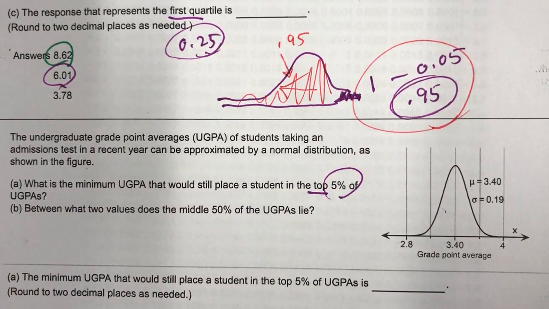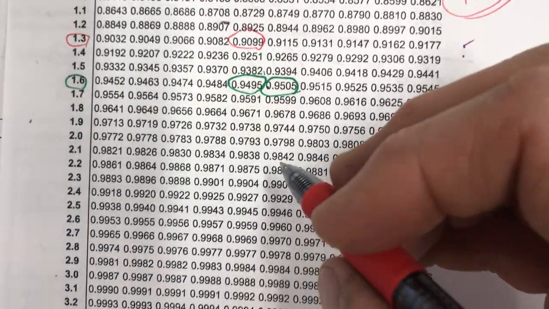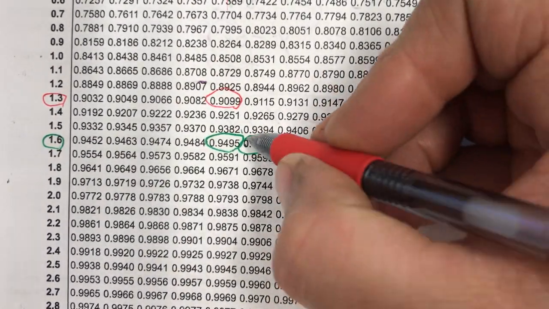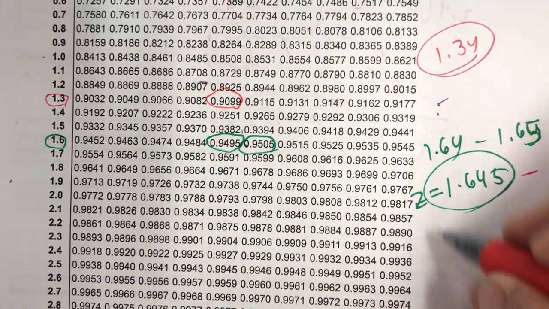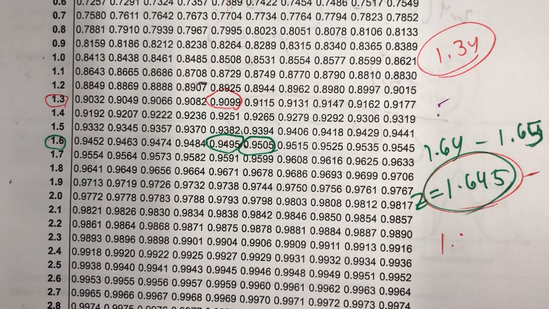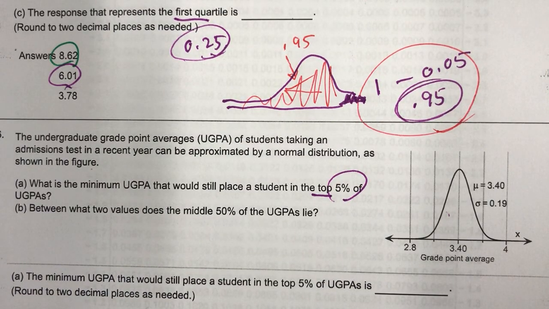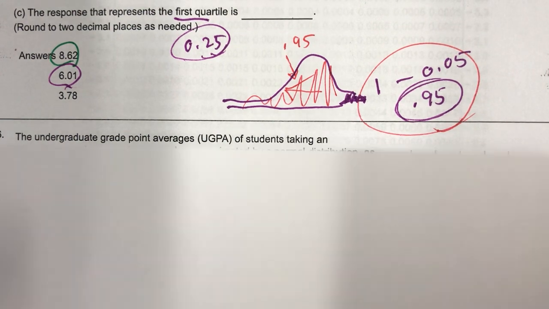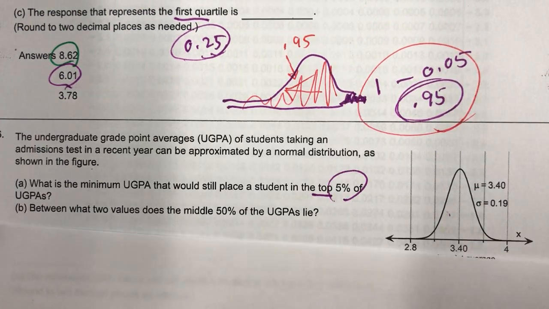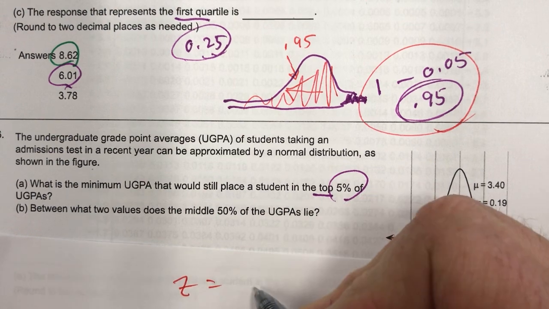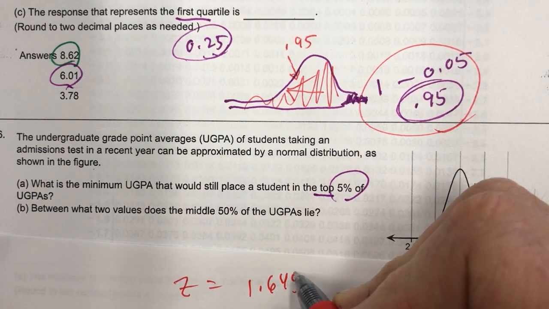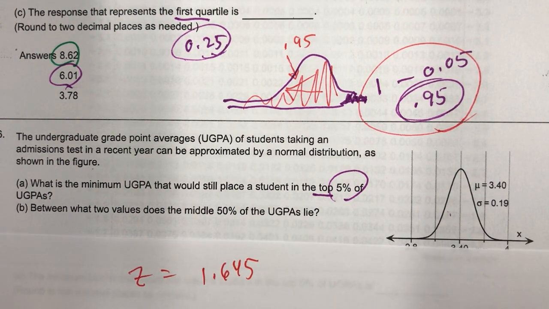Okay, so 0.95 is right here between these two. So that's 1.64, 1.65, so 1.645. So that's my z-score, okay? So z equals 1.645. I've got to set up my equation again.